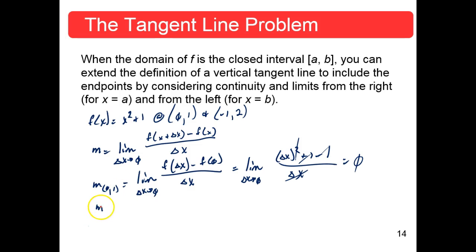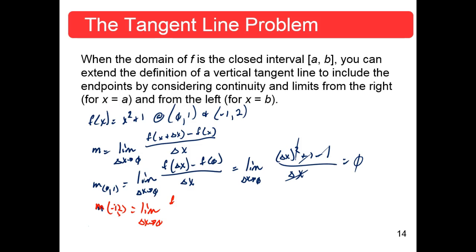All right. So m at (negative 1, 2) will be the limit as delta x approaches 0 of f of, things do change here. Here your x is now negative 1.